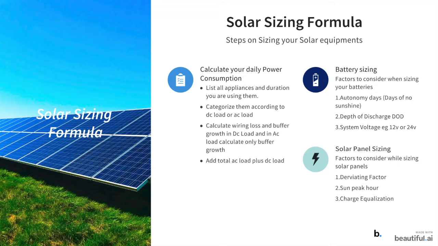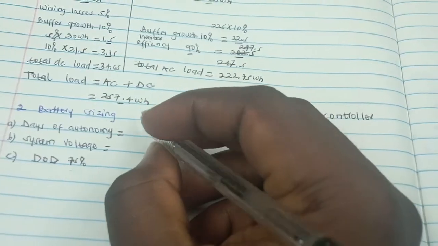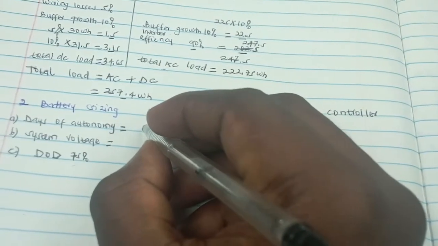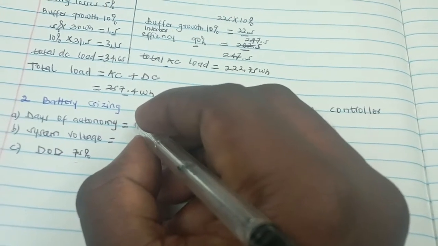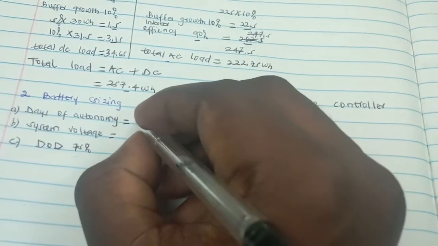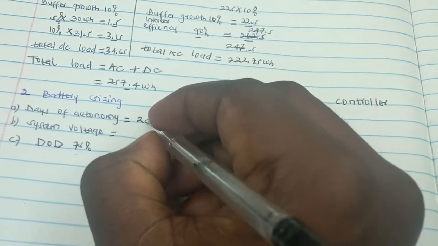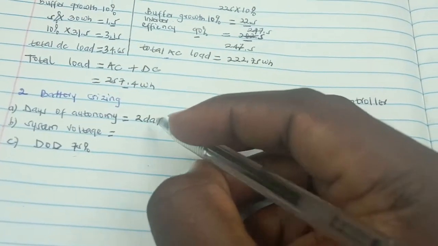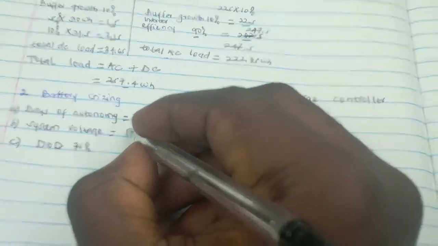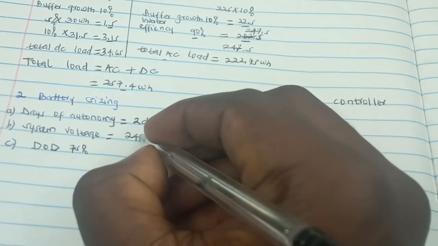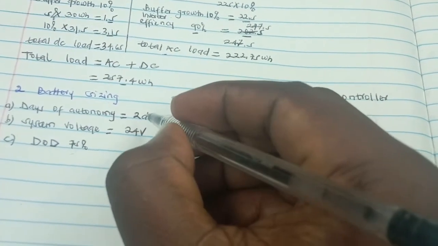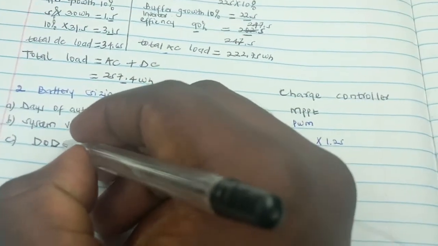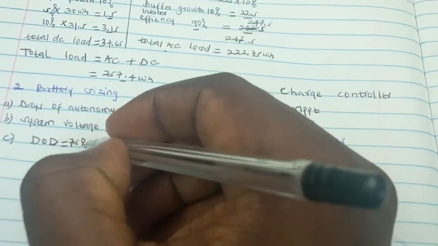So in our example, maybe we say we are living in an area where we have plenty of sunlight, and we have only 2 days where the sun can't come out, and also we say we want a 24-volt system, and also we have specified here our DOD.